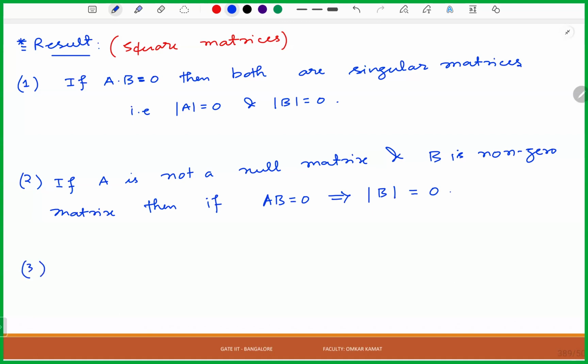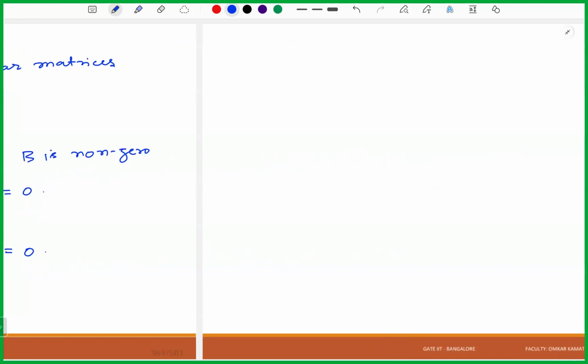Third, if AB is equal to 0 and determinant of A is not equal to 0, then B should be equal to the null matrix. These are the three results, for square matrices, obviously. Okay. Next, try this question.